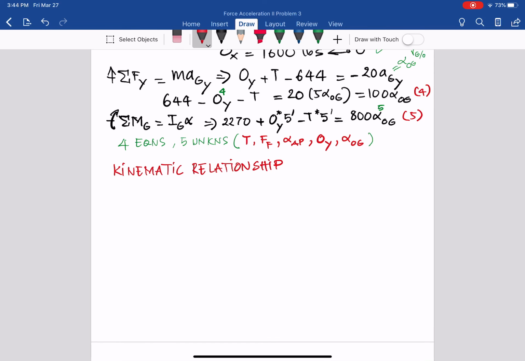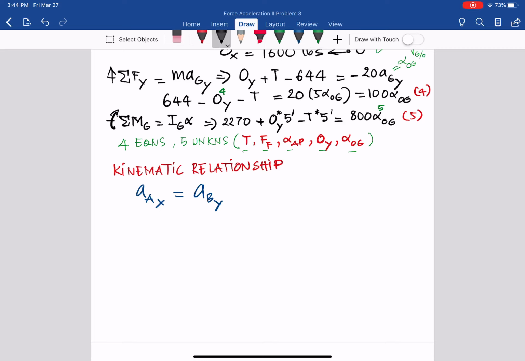So as you can see from here, I have AX equal to ABY. But that has nothing to do with the 5 unknowns in here. So we have to make that relation to those 5 unknowns.